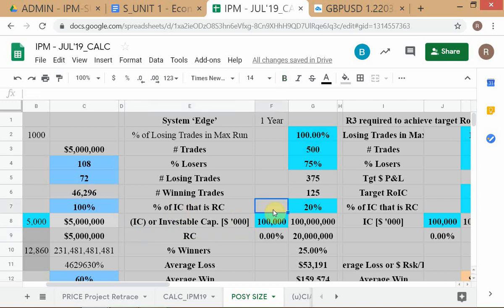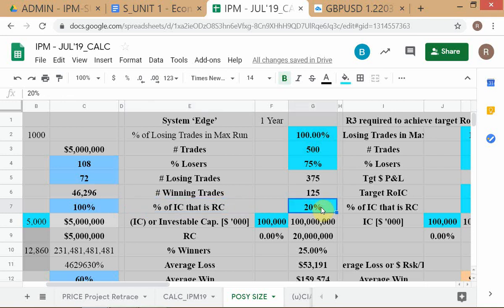Here I've given you a lot of flexibility to define this. Let me complete that. I've got one more row to define what percentage of IC is equal to my RC. If I was willing to lose my entire investable capital, this figure would be 100%.